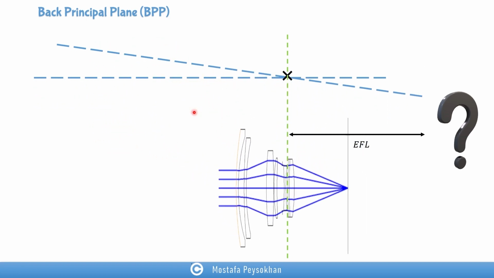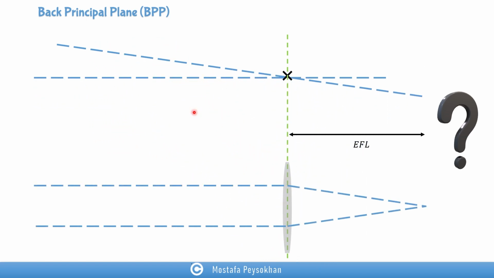We can just put a thin lens, but the thin lens should be at the plane that we call the principal plane, or in this case the back principal plane, because we are talking about the imaging side of this complicated optical system. So the answer is yes, we can put a thin lens, but we need to put it at the back principal plane.